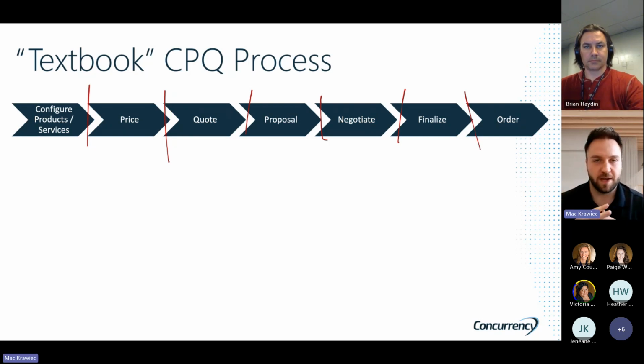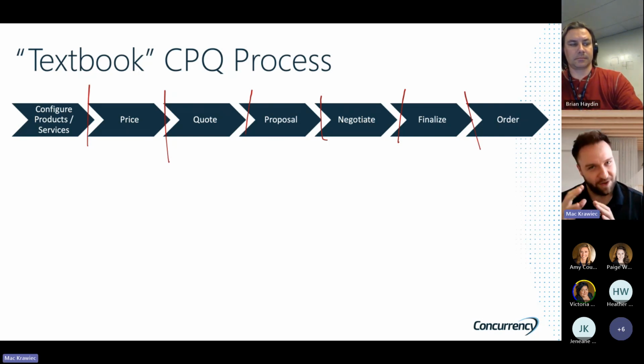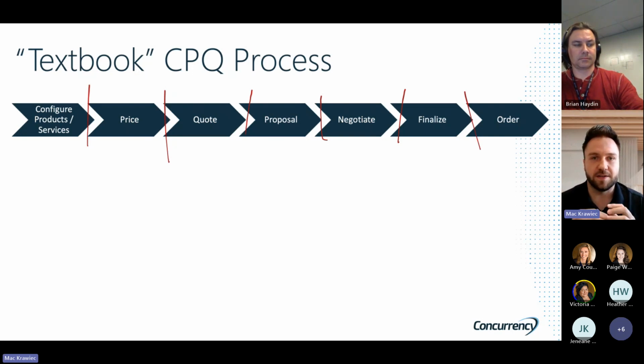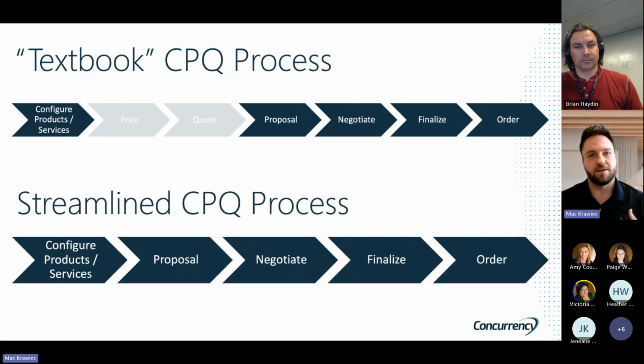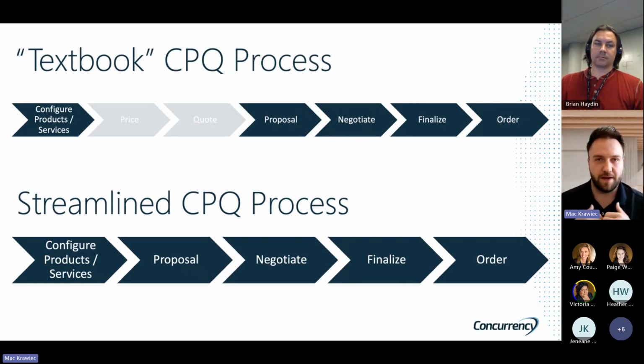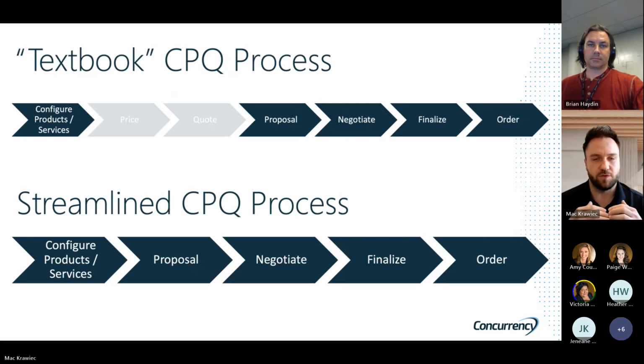That being said, keeping in mind the North Star that we discussed earlier, it's the North Star for a reason. We want to get there. And in a lot of industries, it's incremental processes that have to occur in order to get there. So one of the things we've implemented for our clients is a streamlined CPQ process, which effectively takes out the price and quote steps and leads to a very quick turnaround.